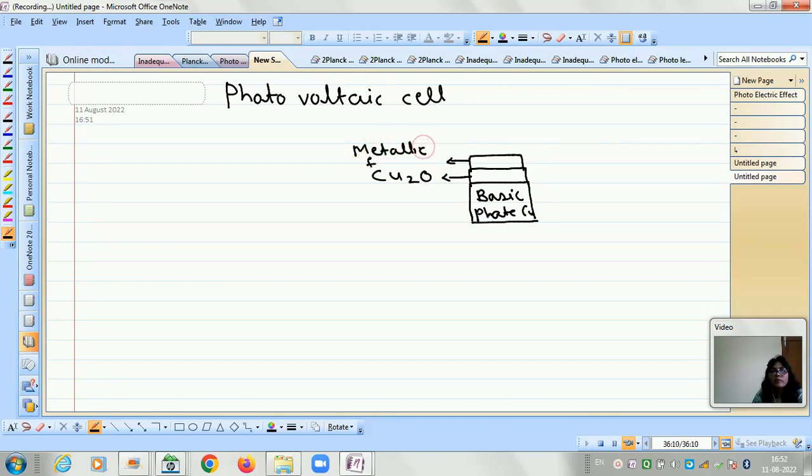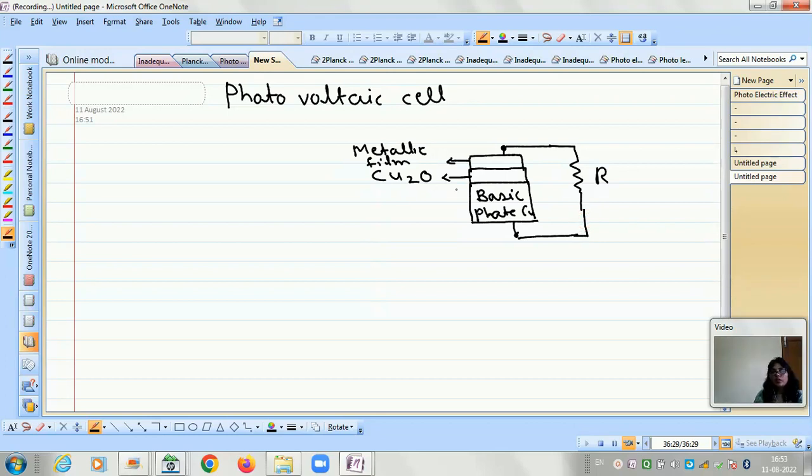Then there will be some contact here and some contact here, and external potential difference is not applied here, but there is some load resistance R between the two terminals.